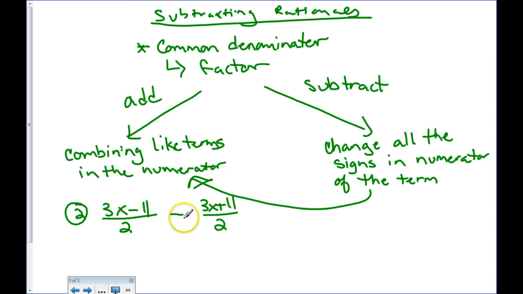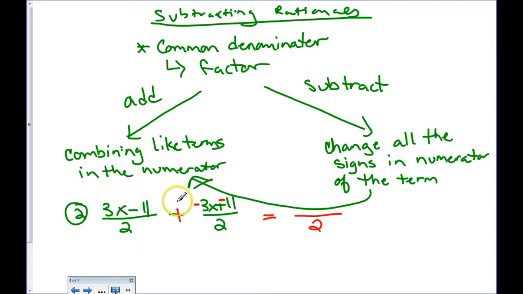I'm going to have you change that to a plus sign, and then all of these signs change. So this becomes a negative 3x. This becomes a negative 11. Now I can combine my like terms in the numerator. My denominator will stay a 2.